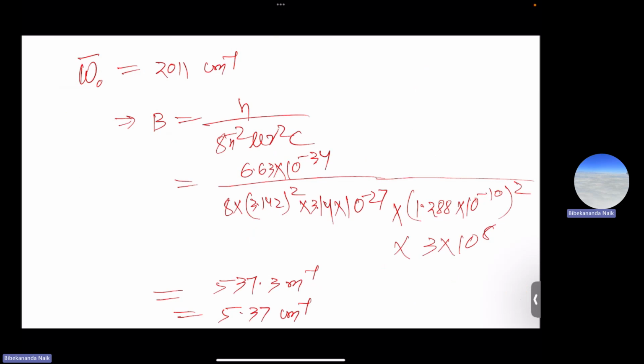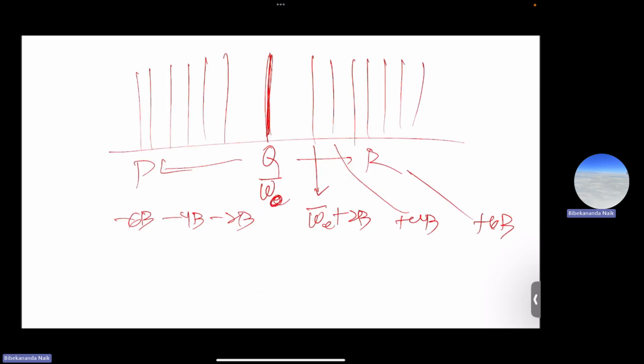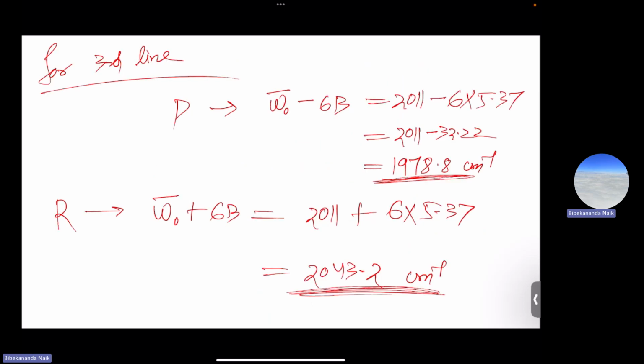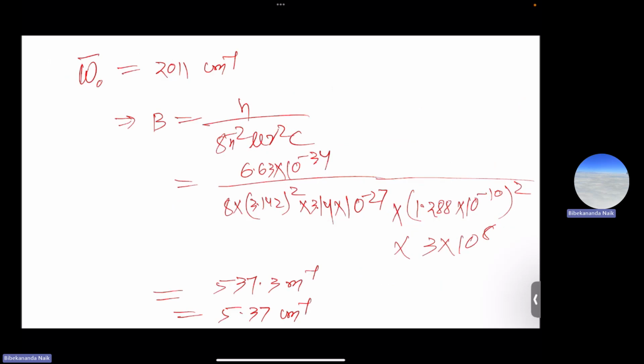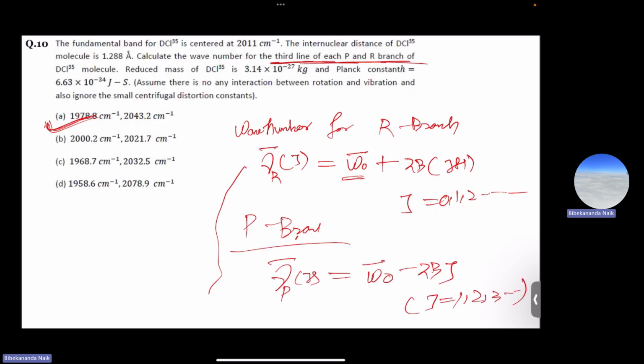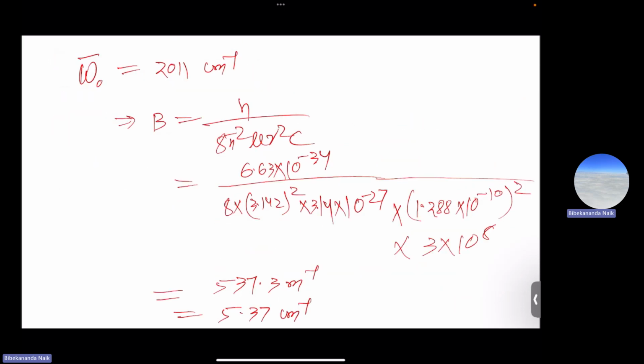So the third member will correspond to omega 0 plus 6B and omega 0 minus 6B. Omega 0 plus 6B is 2043.2 centimeter inverse, and omega 0 minus 6B is 1978.8 centimeter inverse. So this will be the correct option, which is option A. I hope this is clear to you.